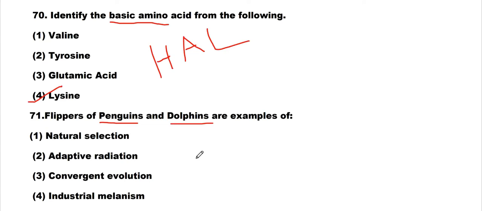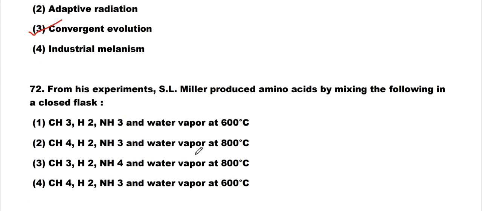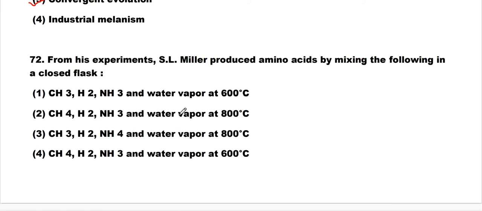These are called analogous organs. Analogous organs give a best example for convergent evolution. Answer is 3.